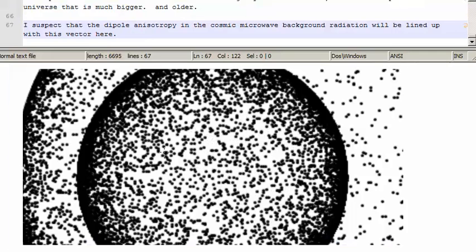I suspect that the dipole anisotropy in the cosmic microwave radiation will be lined up with this vector here, where this is the center of the original explosion, and this is the center of the secondary explosion that is 13.7 billion light-years across. Half of that, 13.7 billion divided by 2, is somewhere around 7 billion light-years in radius.